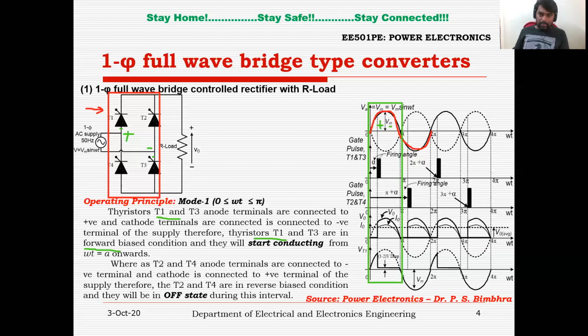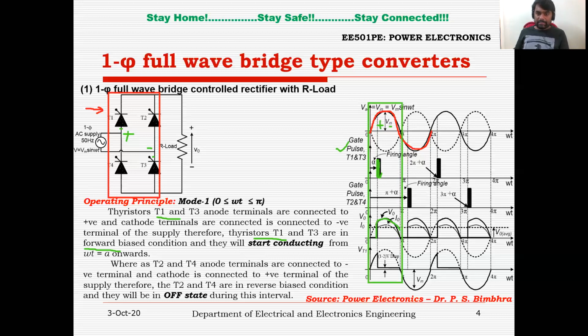I have applied the triggering pulse to T1 and T3 at the same time. Here you can see, at omega t equal to alpha, from this point onward the output voltage will follow the input voltage. You can see this following the dotted line.